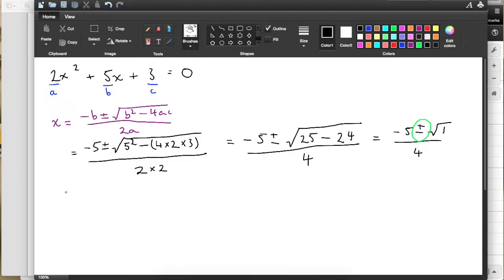So if x equals negative 5 plus 1, I just wrote 1 instead of square root of 1 because it's the same thing, over 4, then we have the result negative 1.5. Or x could equal negative 5 minus 1 over 4.